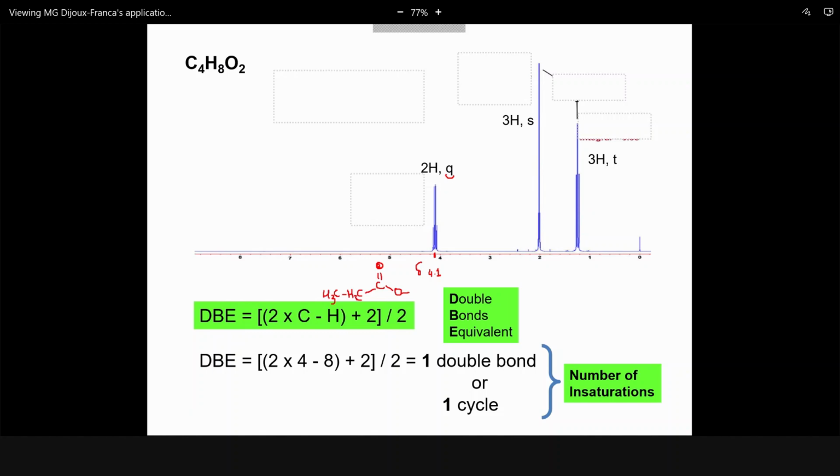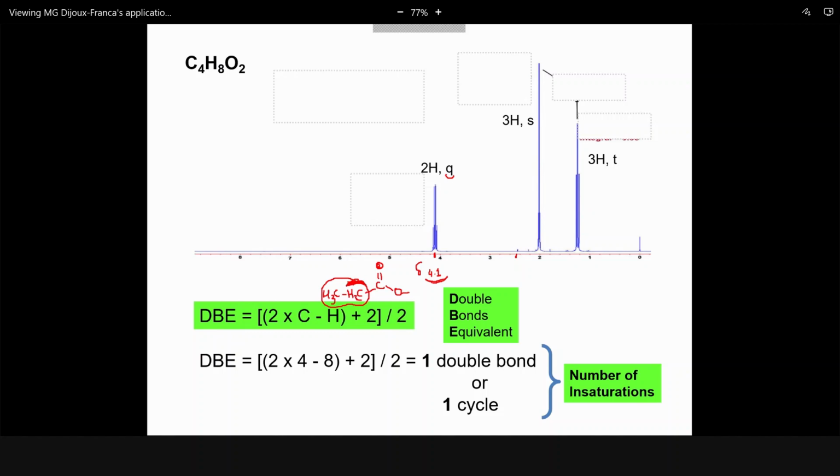Well, the idea is good for this group. I agree, but the chemical shift of this kind of CH2 will not be so deshielded at 4.1. It will be around 2.5.